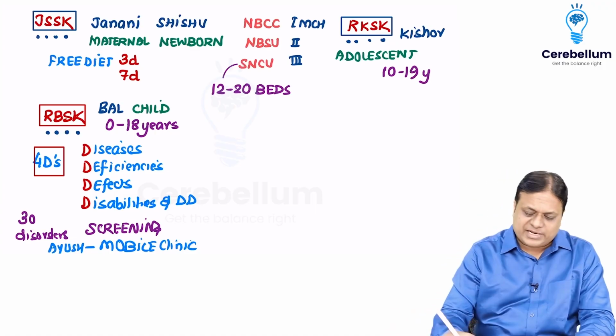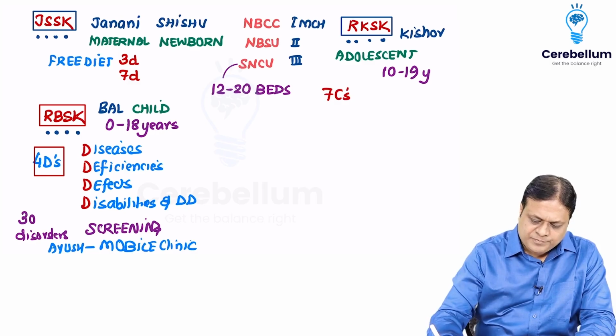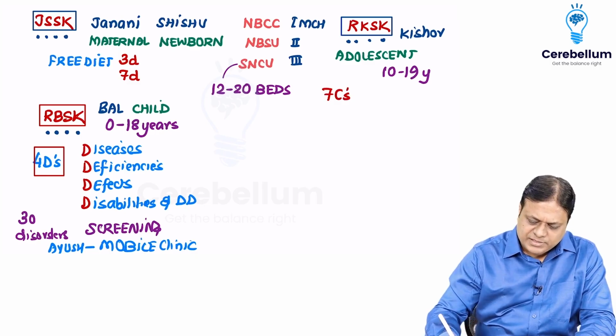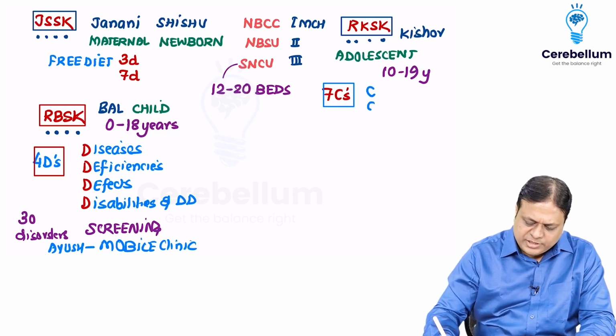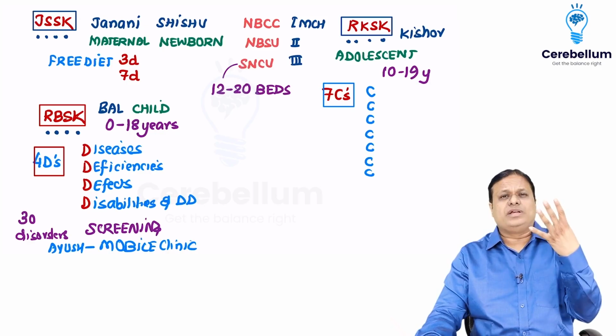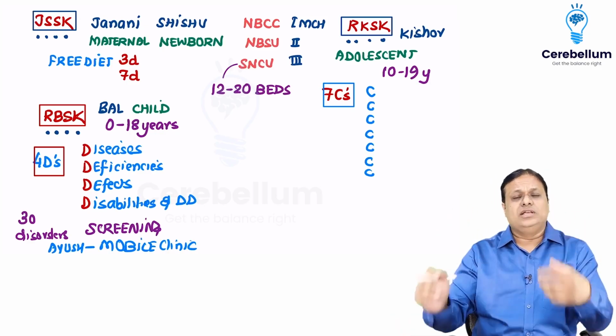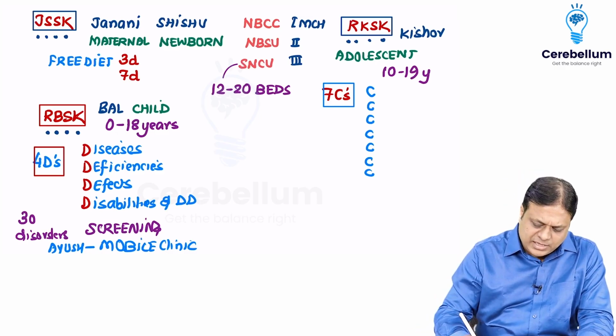This program is characterized by 7 C's. Now, what are these 7 C's in the RKSK program of India? These 7 C's include clinic, community, communication, content, convergence, coverage and counseling. Rashtriya Kishore Swasthya Karyakram. Then came NSSK.